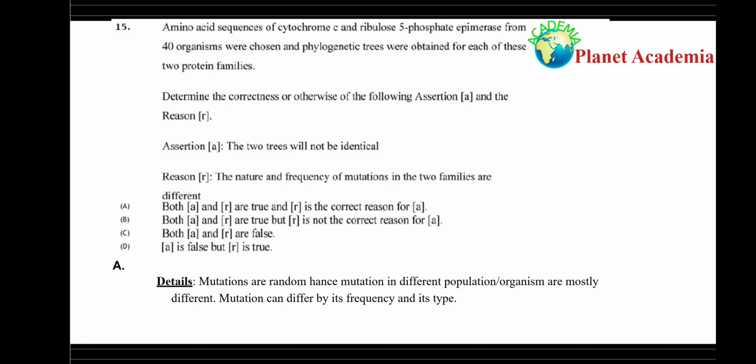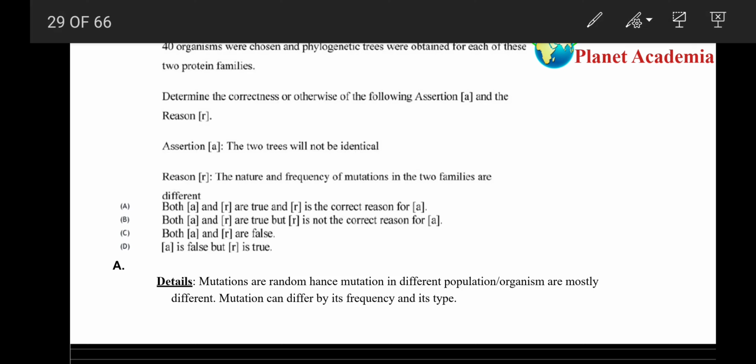The assertion is that the two trees will not be identical. It's true, they are not identical. Why? Because even if they are living in the same condition, they have different capabilities to sustain, and even minor mutations are random.